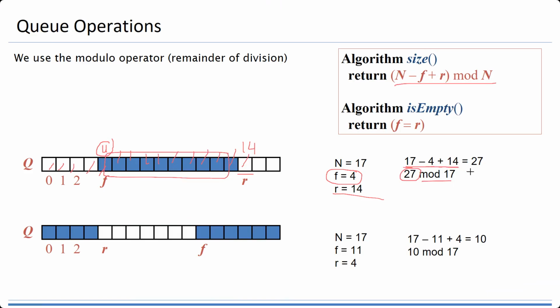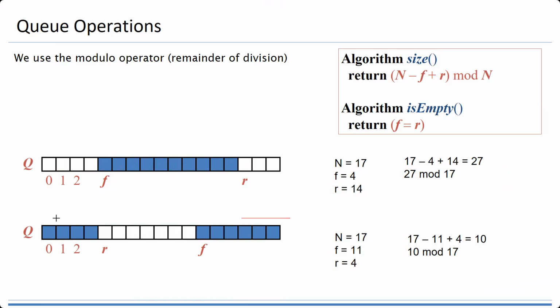What is the result? It is 10. So you will have 10 items in the queue: 1, 2, 3, 4, 5, 6, 7, 8, 9, 10. Using this formula, we know that the queue size is 10.